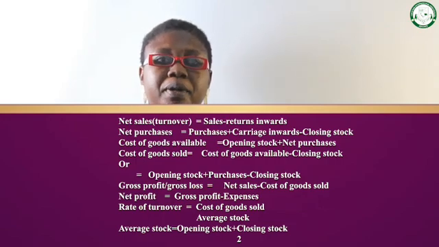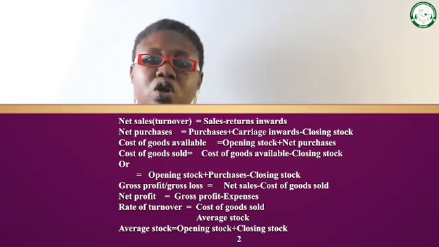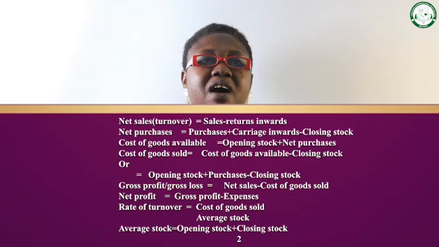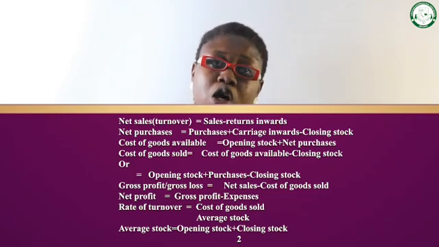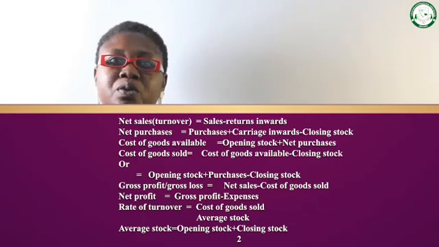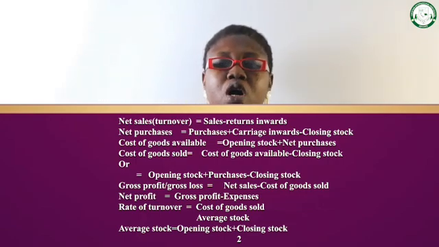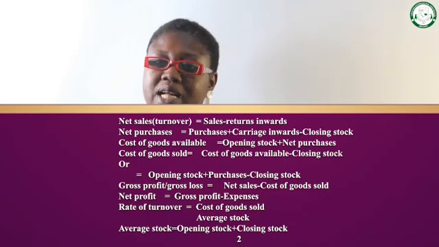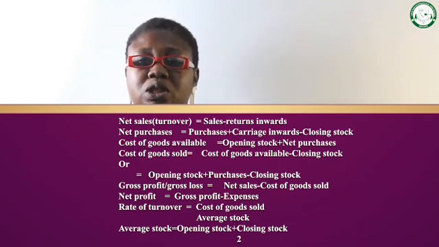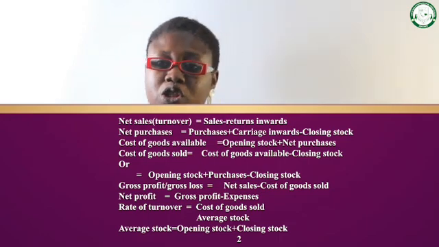Another formula for cost of goods sold is cost of goods available minus closing stock. Subtracting closing stock from cost of goods available will give you cost of goods sold.